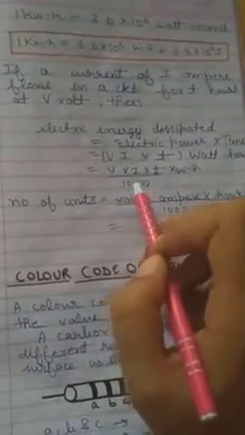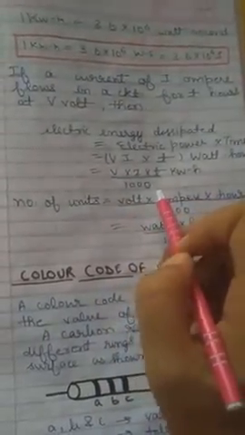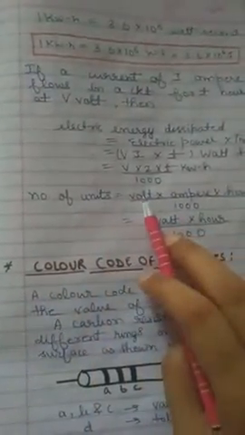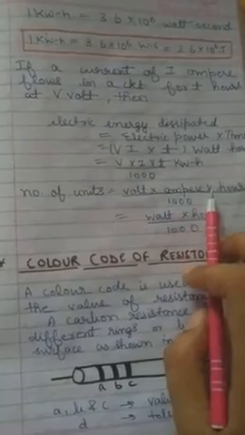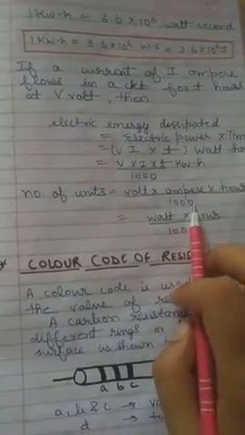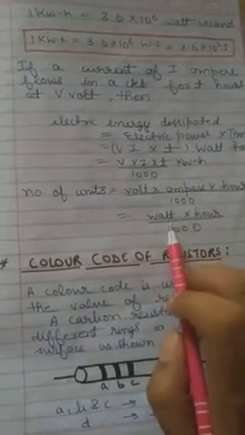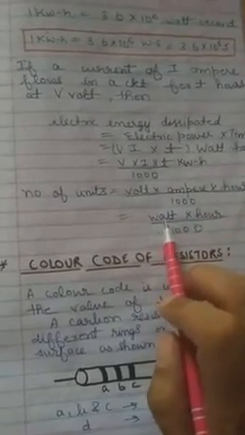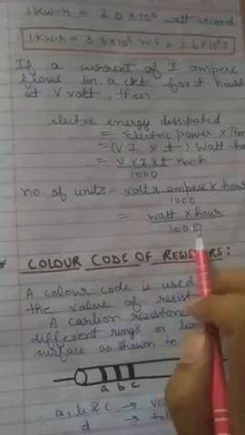So this will become V into I into T divided by 1000. The number of units will be equal to volt into ampere into hour divided by 1000. Volt into ampere is your power, whose unit is watt. So watt into hour divided by 1000.